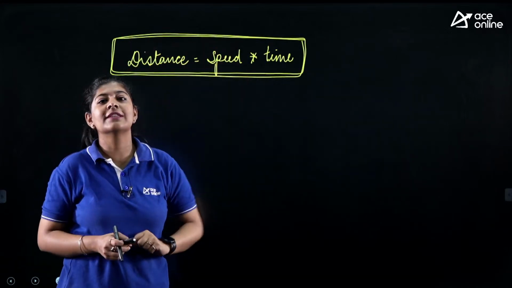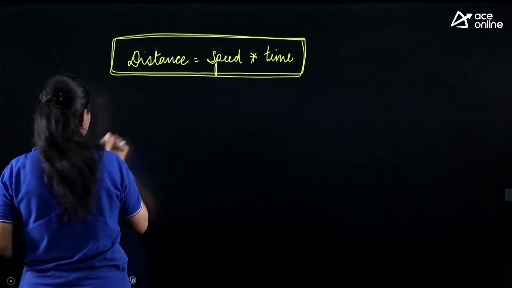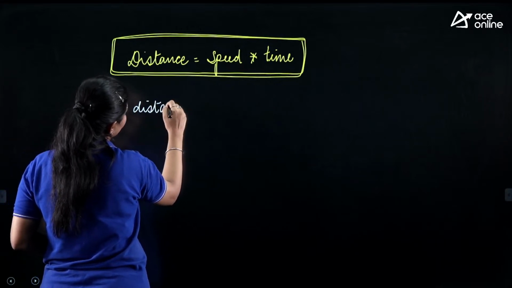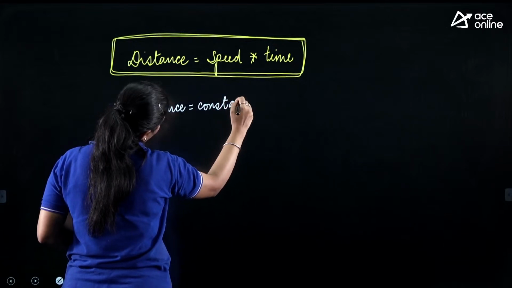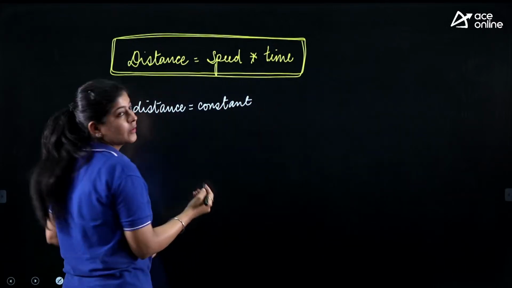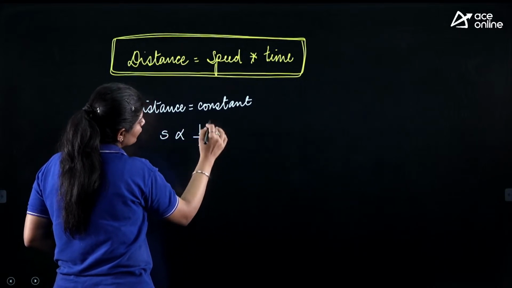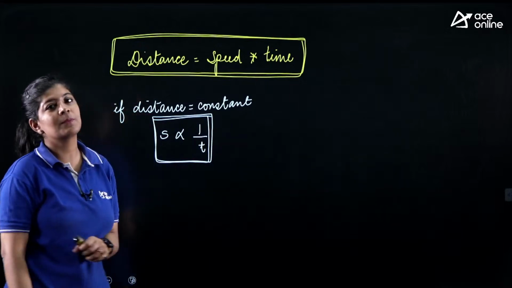But there is one more thing that we need to keep in mind. If the distance is constant, in such a scenario the speed is inversely proportional to the time.